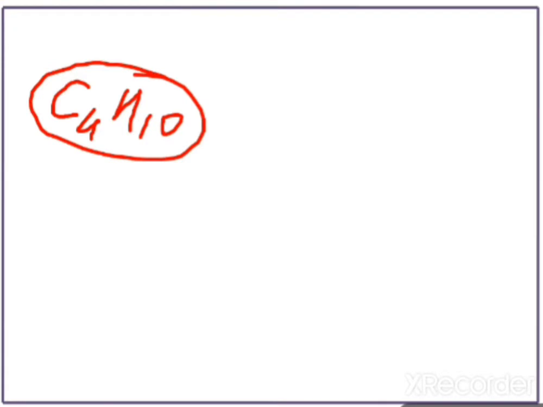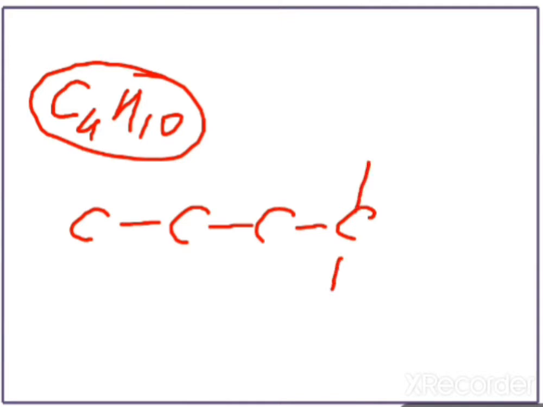The structure of this compound can be drawn as 1, 2, 3, 4, 4 carbons in a straight line, all the carbon atoms bonded with single bonds. After that, with each carbon we will add hydrogens to balance its valency.